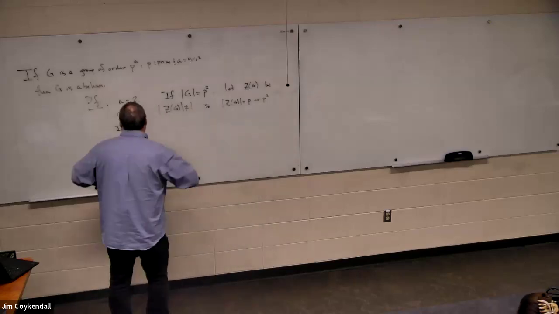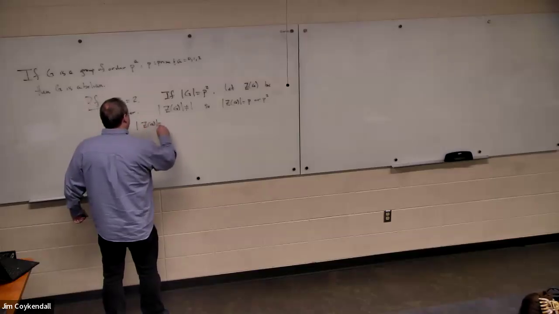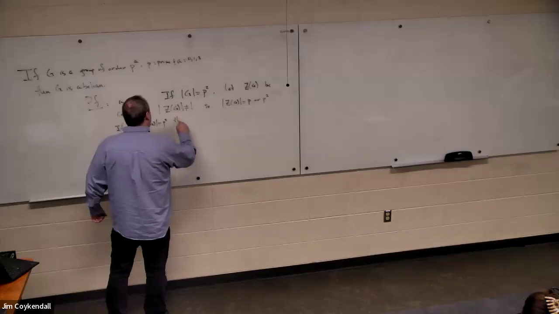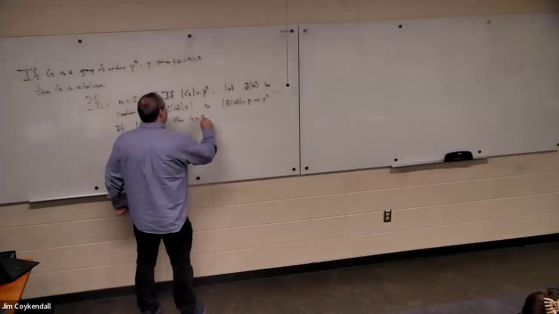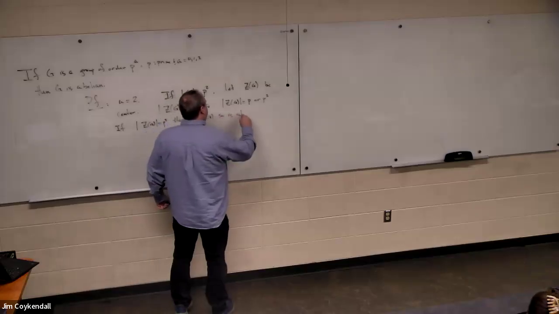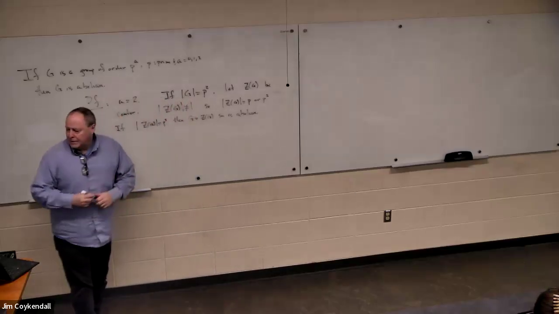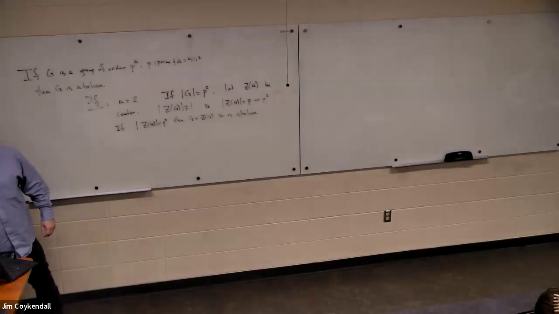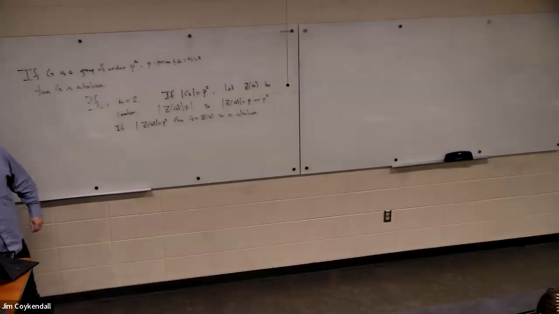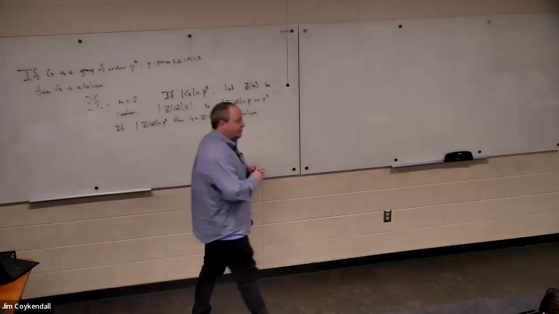Which means that it's abelian. If the order of the center is p squared, then G is equal to its own center. So abelian. Right? Okay, so the only thing we have to worry about now is, what if the order of the center is just p?